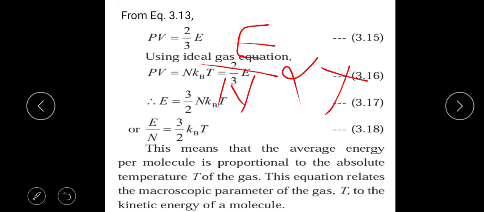This equation relates the macroscopic parameter of the gas, T, to the kinetic energy of a molecule. Thank you.